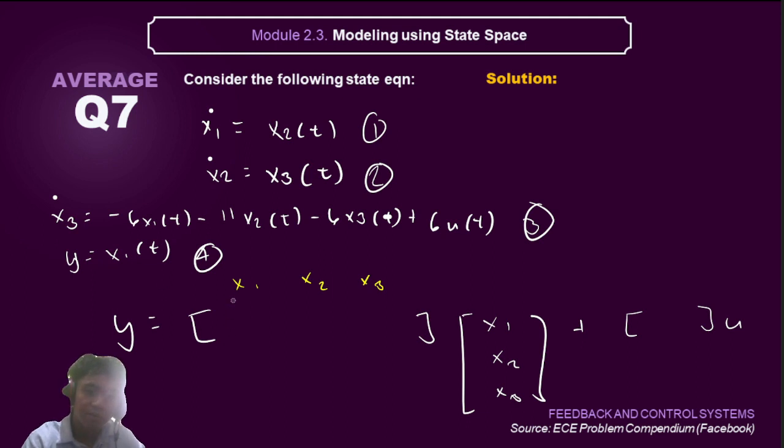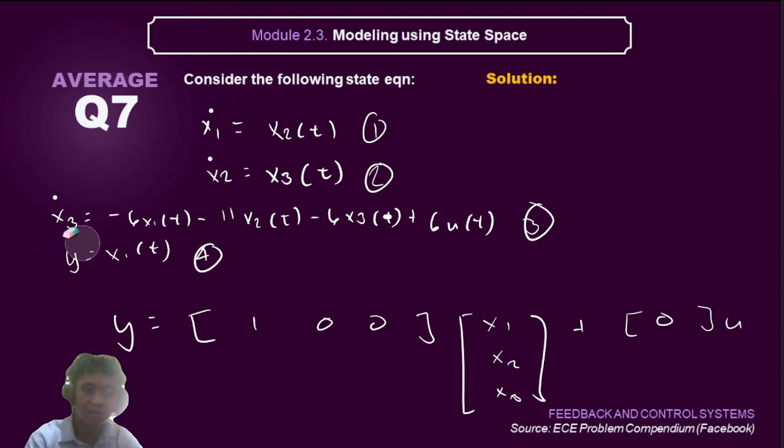Okay, so we know from this output equation that there is only one state variable that is part of the output here, which is x1. So we put 1 there, and the rest would become 0. And clearly, there is also no u in this equation. So this also becomes 0. So again, erase the markers.